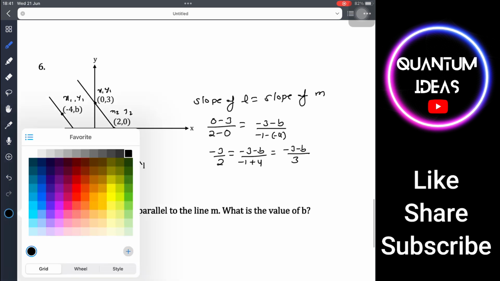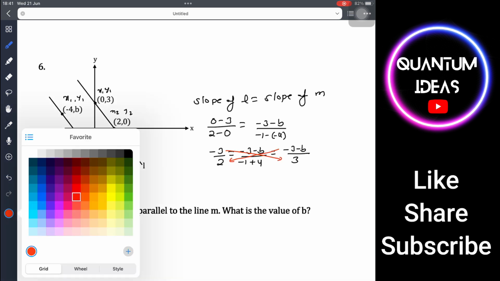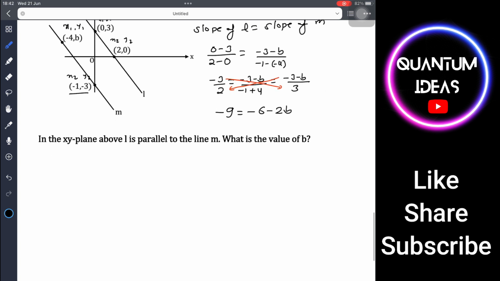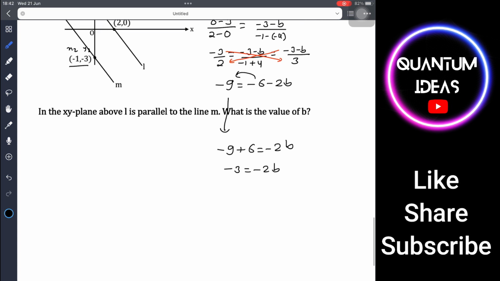Now cross multiply. So 3 into 3 is -9 is equal to 2 into -3 is -6, 2 into -b is -2b. So -9, the -6 goes to that side, becomes plus 6, equals -2b. So this is -3 is equal to -2b. Take -2 to the other side, that is b equals 3 over 2 is our answer, guys.